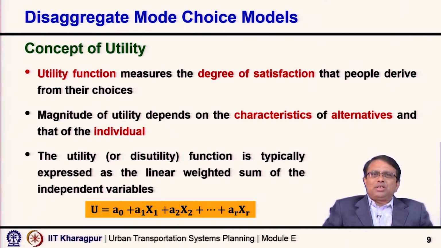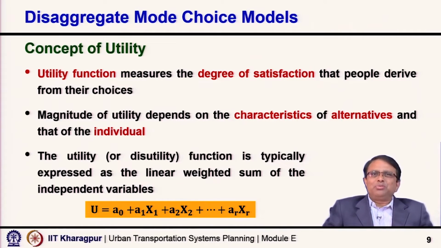So, the utility function measures the degree of satisfaction that people derive from their choices. So, we are talking about the utility function because it is a kind of measure of the degree of satisfaction that people derive from their choice.